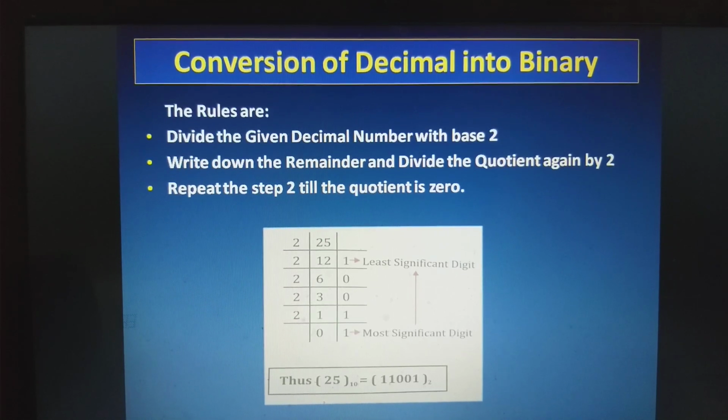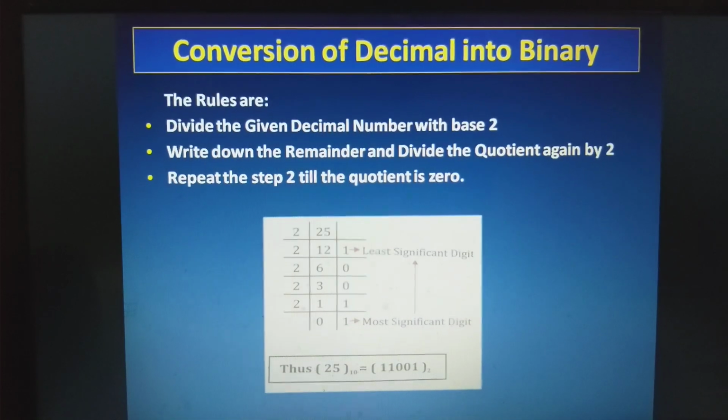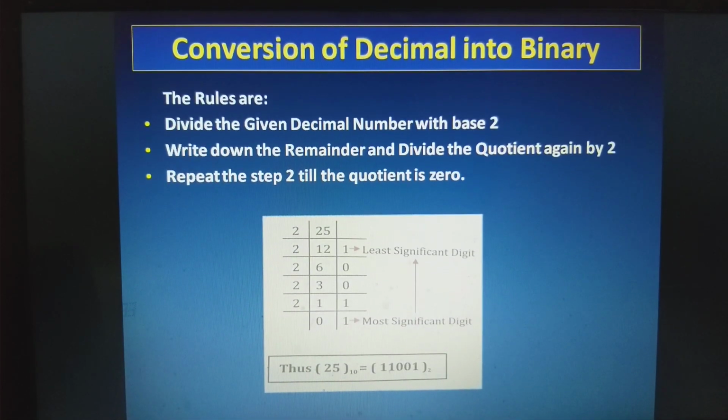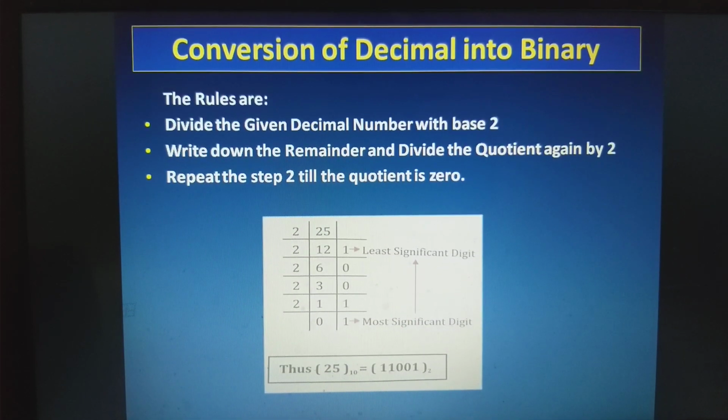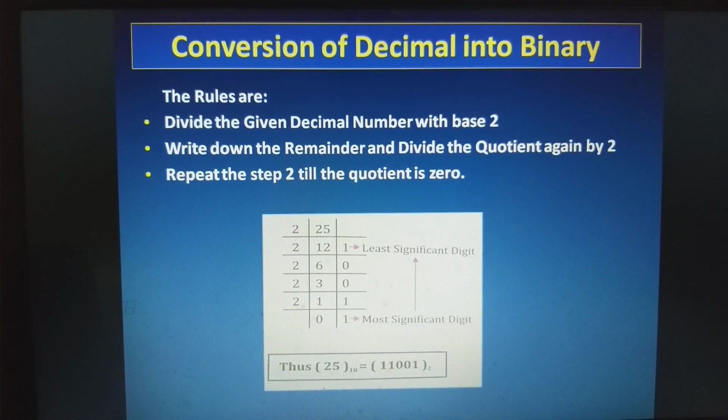The remainder is 1 and the quotient 12 in the example below is again divided by 2. Repeat step 2 till the quotient is 0. This process is repeated until the quotient becomes 0. In the example below, when the quotient is 0, the remainder is 1, that is in the last line.